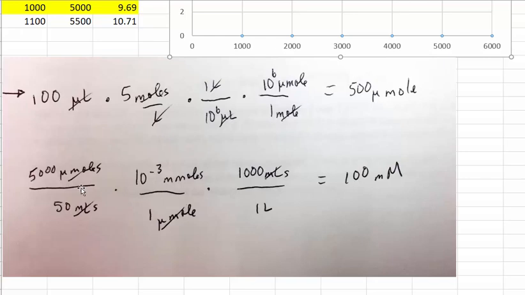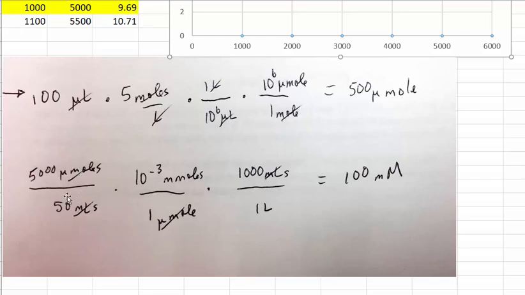That means I also had in my original solution 5,000 micromoles of what I was titrating, in this case, phosphate. So I'm titrating 5,000 micromoles of phosphate, and the total volume of the solution I titrated was 50 mLs.